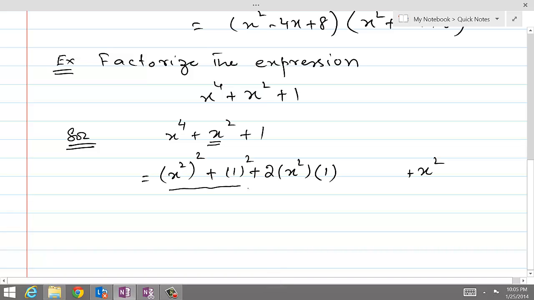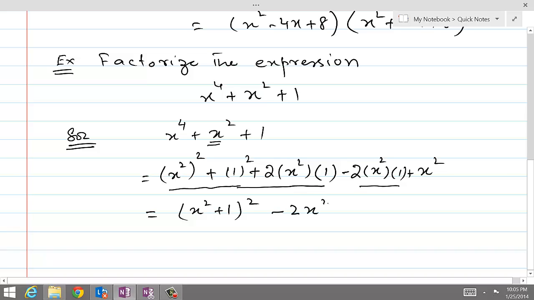But to keep the balance, we also need to subtract the same thing, minus 2 times x² times 1. So up to here, this is a² + b² + 2ab, which by the formula is equal to (x² + 1)², and then this term, minus 2x², and then plus x².